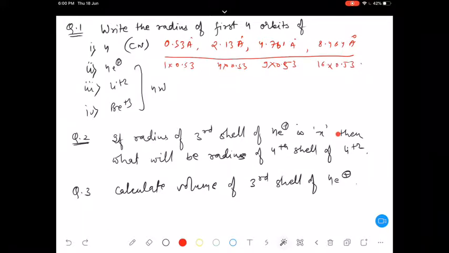You just try to get the answers. Yes, for the second one or third one, anyone getting answer?